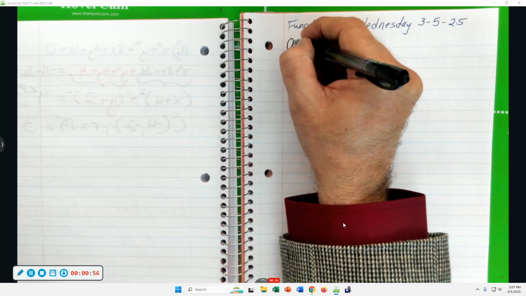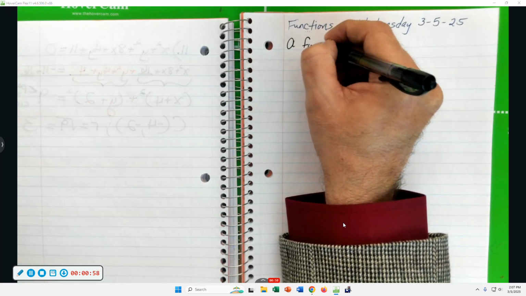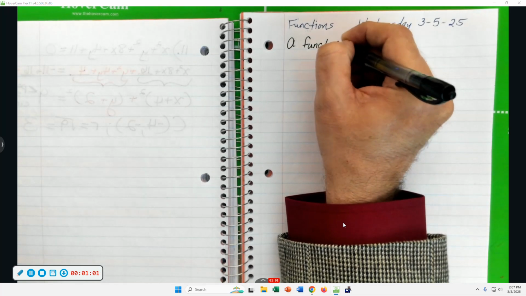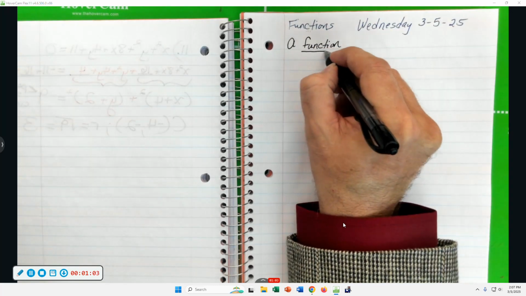So what is a function? We're going to have several definitions. Here's the first way I'm defining it. So this is starting the new stuff.